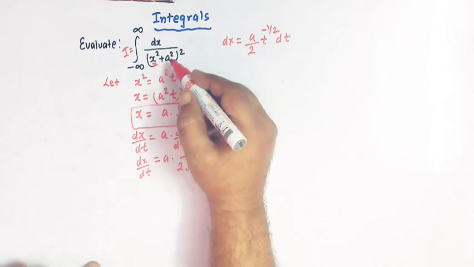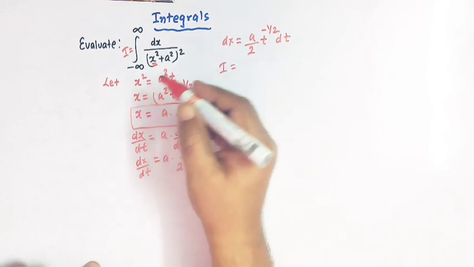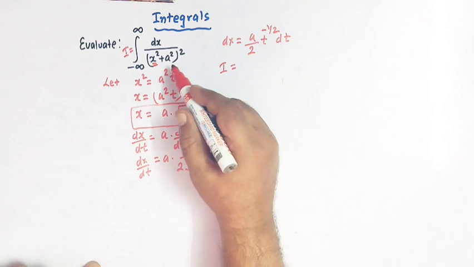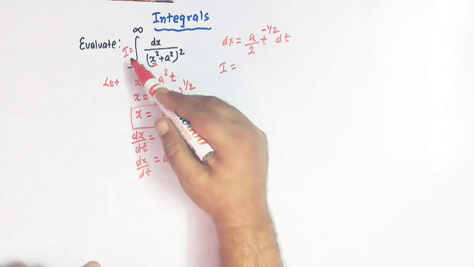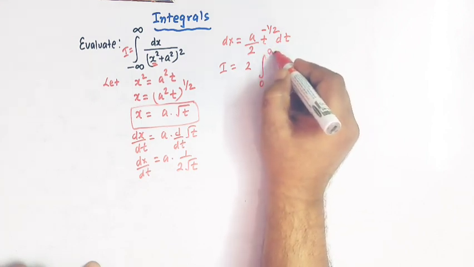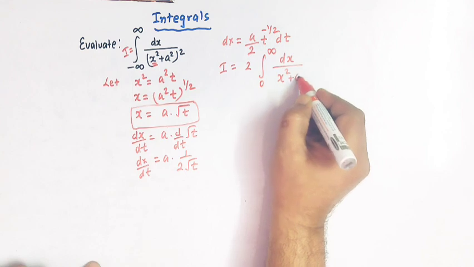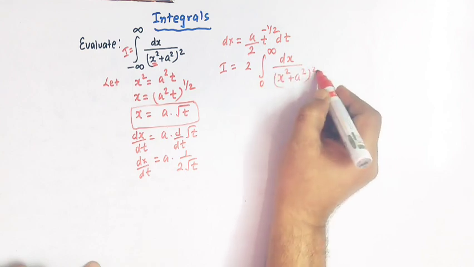So here we can simplify this integral by using a property of definite integrals. That is, we can write I is equal to 2 times the integral from 0 to infinity of dx over (x square plus a square) whole square.